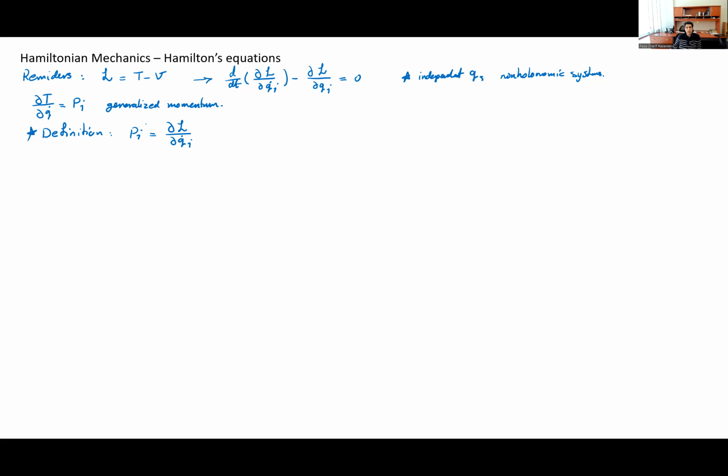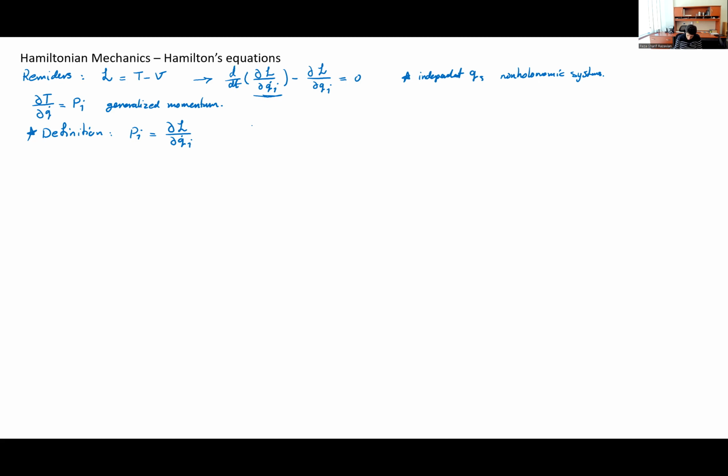But in a more general case, where the potential function V may also include velocities, this is how we define the generalized momentum in a Hamiltonian formulation. And last thing, note that this is the same as what I had here.